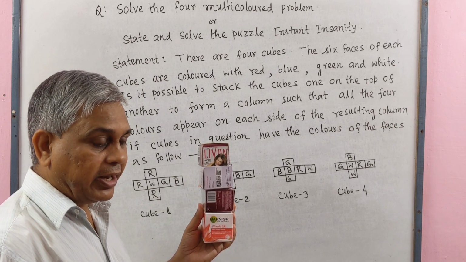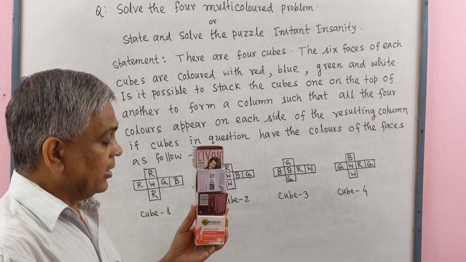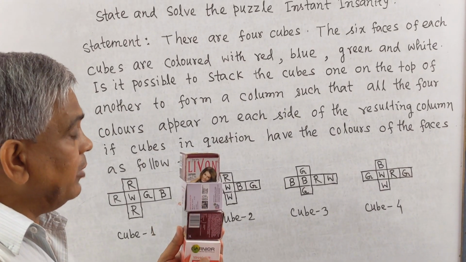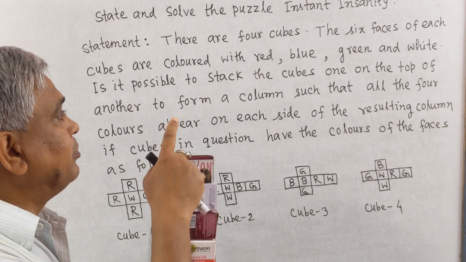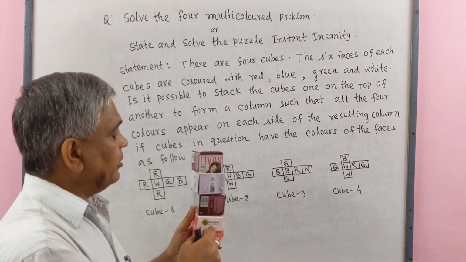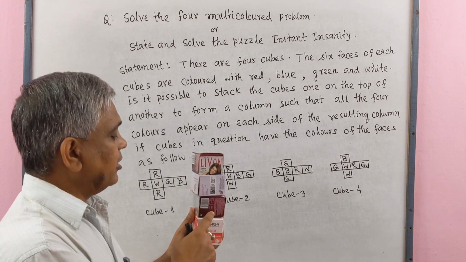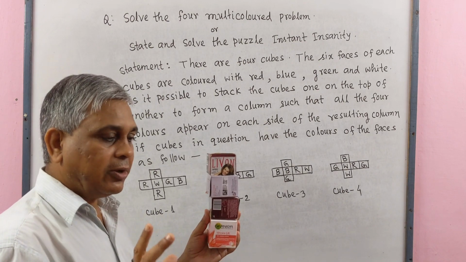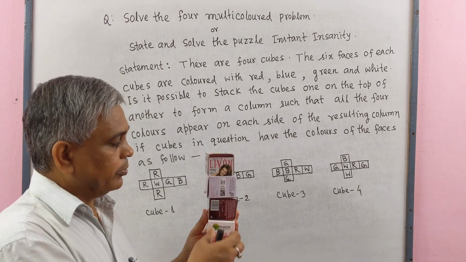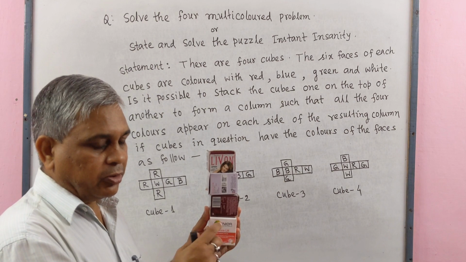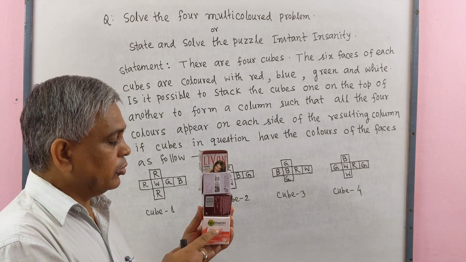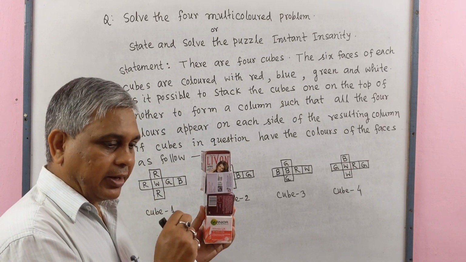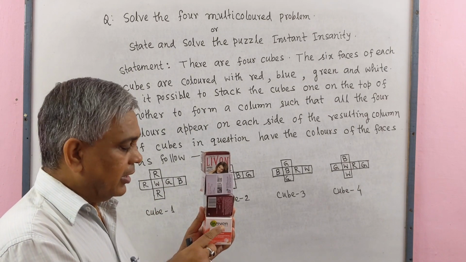We have to arrange cubes in such a manner that here four faces will be colored by four different colors: red, blue, green and white. For example, if this is red, this is blue, this is green and this is white, no color will be repeated on each column, because each cube contains a color.